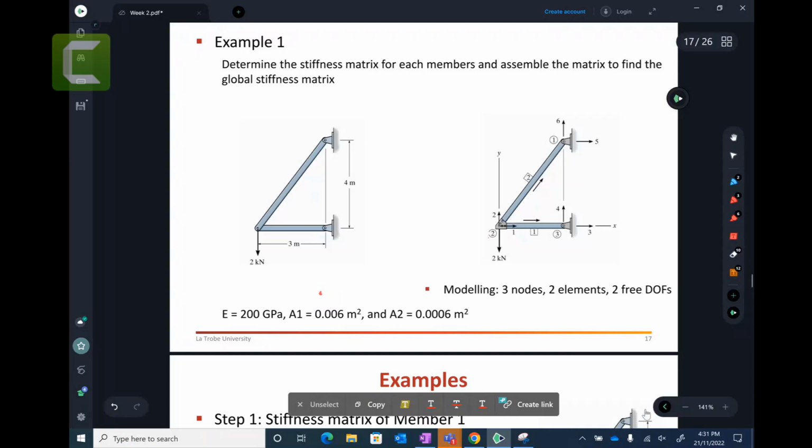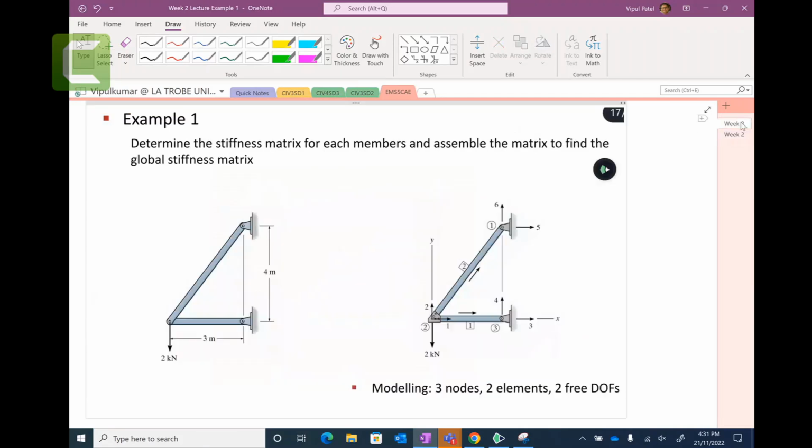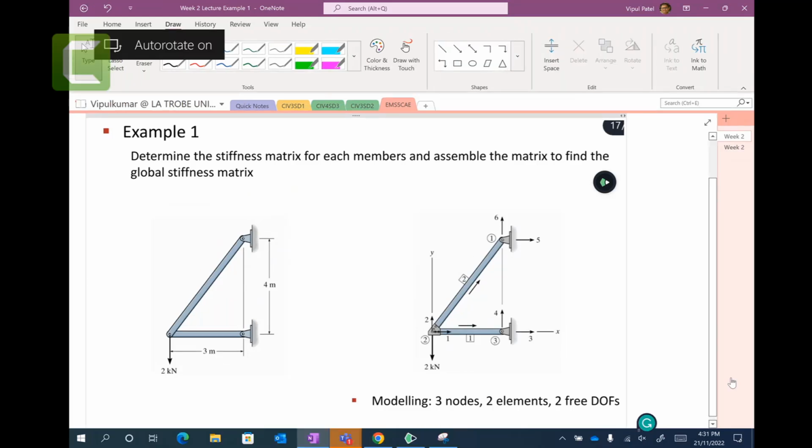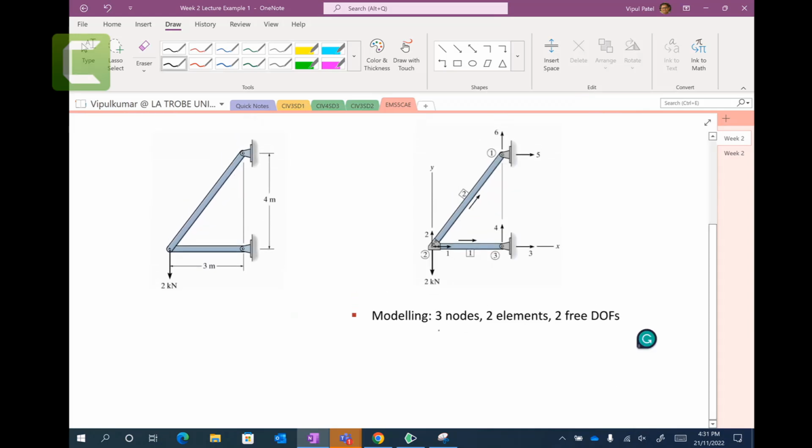All right, I'm turning my camera because I need to write on it. I don't like to just walk you through; I want to work as a student. Okay, I hope you can see my screen and we're going to work it out with you. Now here we have 3 nodes: node number 1, node number 2, node number 3.